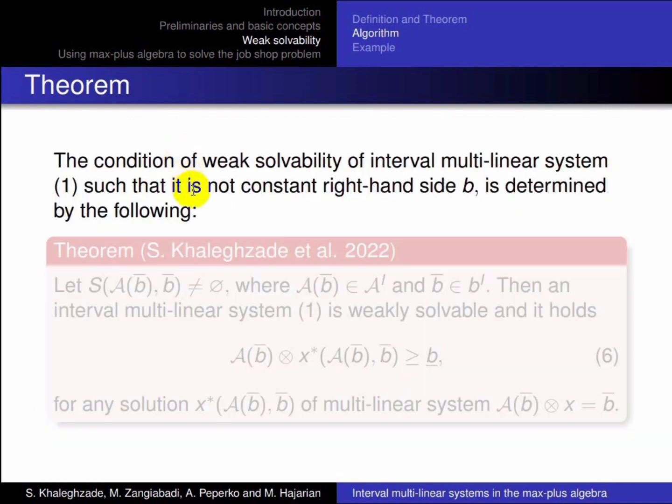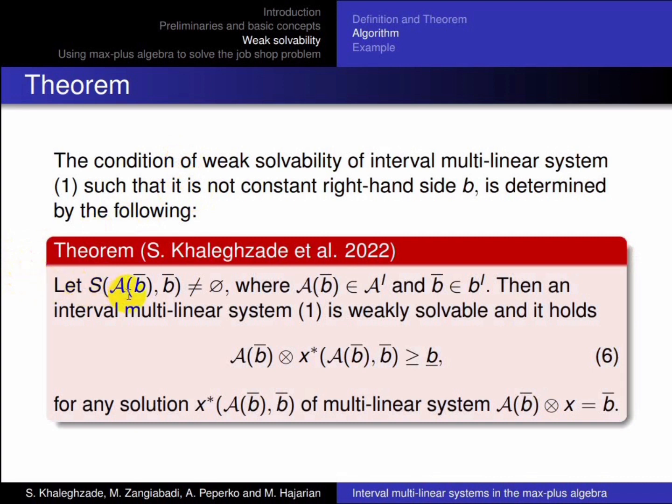Look at the condition of weak solvability of an interval multilinear system with a non-constant right-hand side, determined by the following. Let the solution set of A of B bar, B bar not equal empty, then an interval multilinear system is weakly solvable if the inequality of 6 holds.